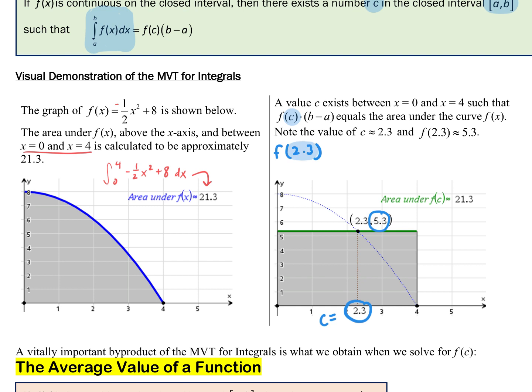C is 2.3. And then I multiply that by b minus a, my end point minus beginning point, so times 4 minus 0. My y value for f of 2.3 is 5.3. So if I take 5.3 and multiply it by 4, we also end up getting 21.3.